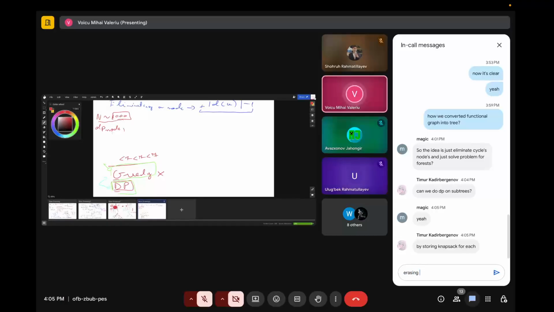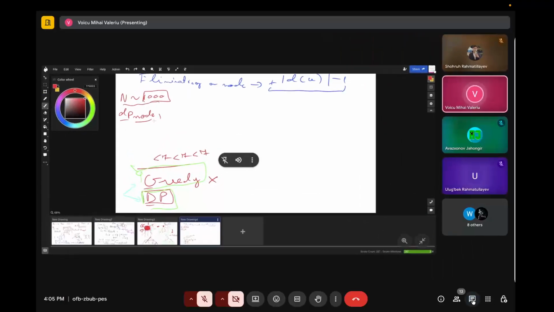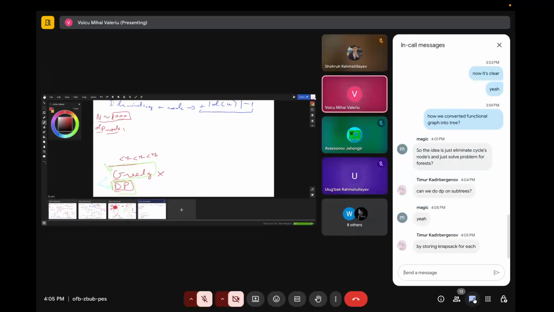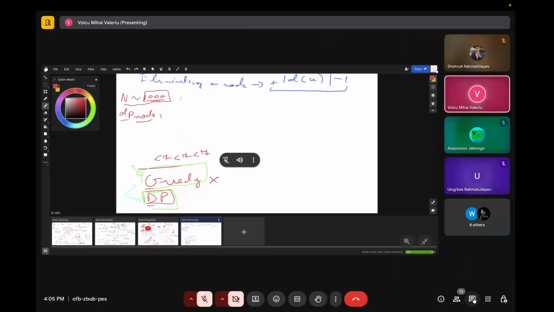So we have DP of node. We want to solve by DP. So obviously, a first parameter that we should do is to fix the node. So we exhausted 1000. We can technically afford just one more parameter.